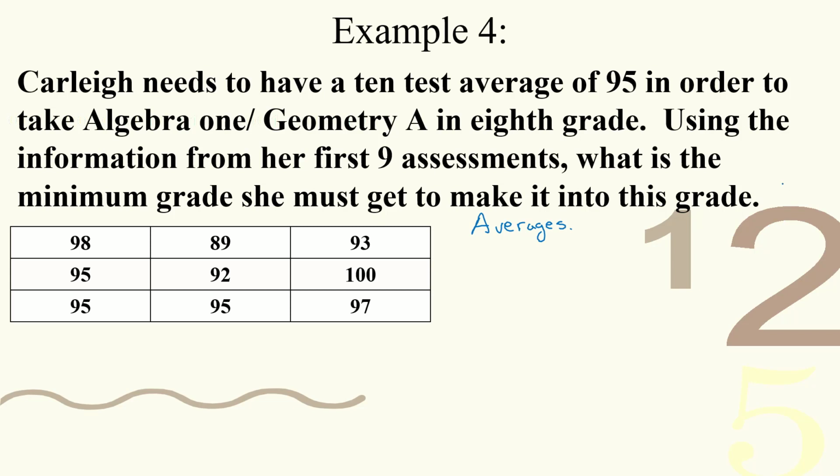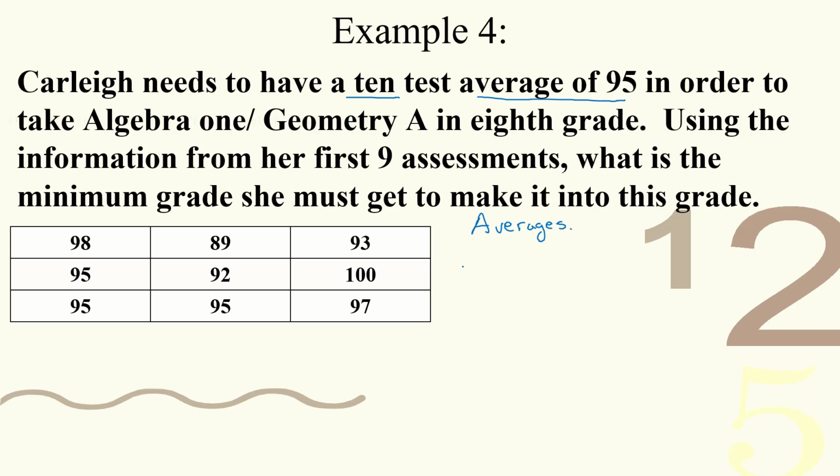Now, in order to solve this, we are trying to figure out if I add up all of these 9 grades and I add a 10th test, what do I need in order to get an average of 95?